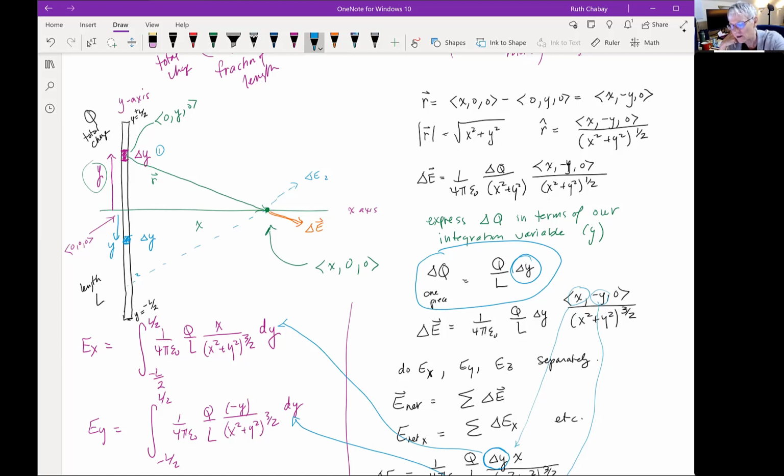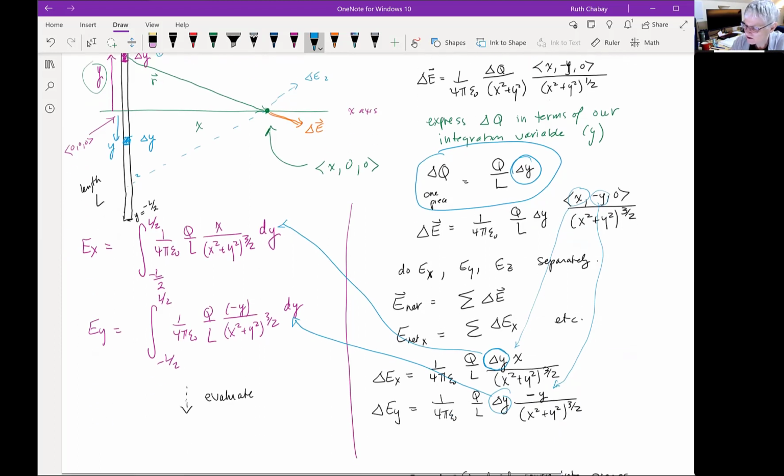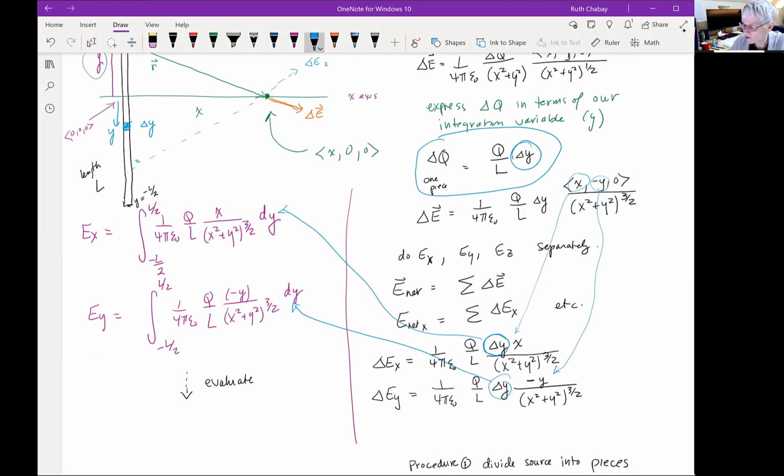The variable is the thing that's changing. So when we go to lots and lots of pieces, this delta y gets smaller and smaller until it becomes infinitesimal, and we just write it as dy. That's just a notation change to show that it's infinitesimal.